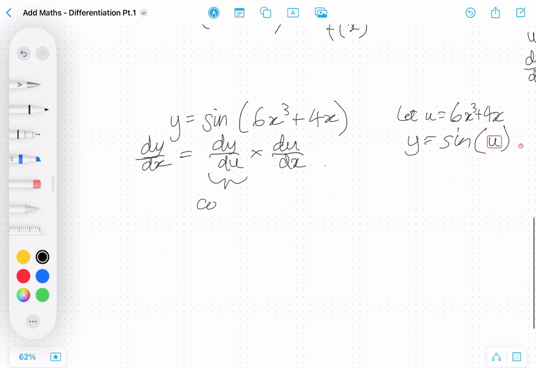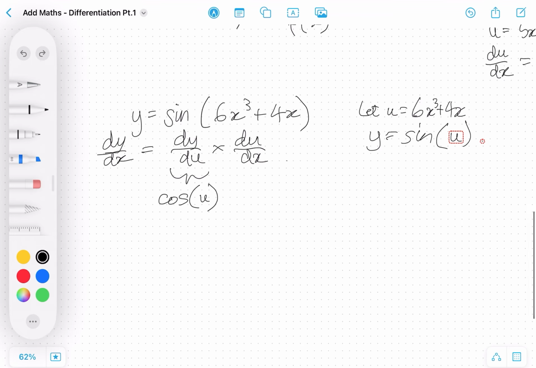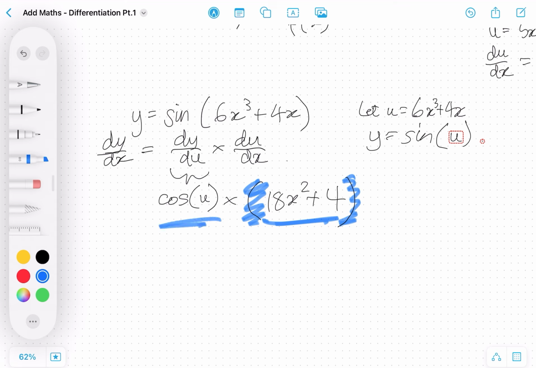And now du by dx is just the derivative of u, which gives us 18x squared plus 4. And remember to have these brackets around it to ensure that you're multiplying the entire thing by the previous term. It's a very common mistake I've seen students make.